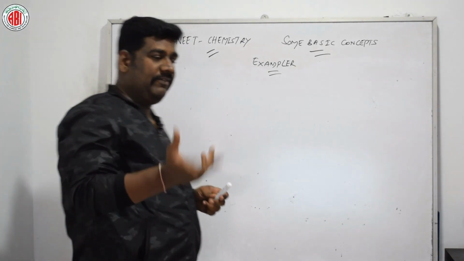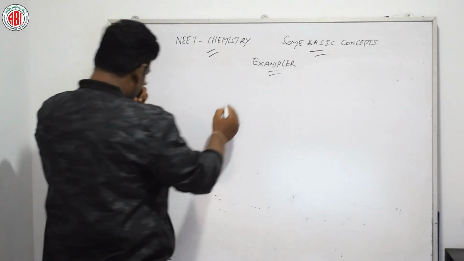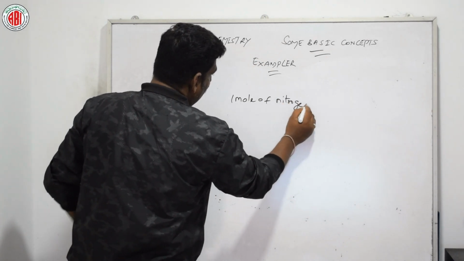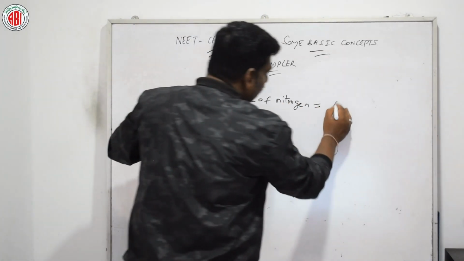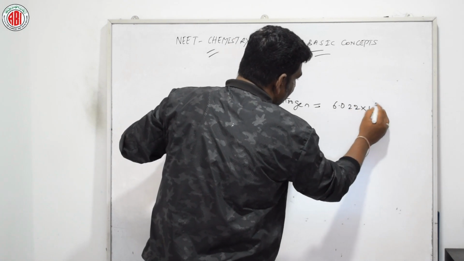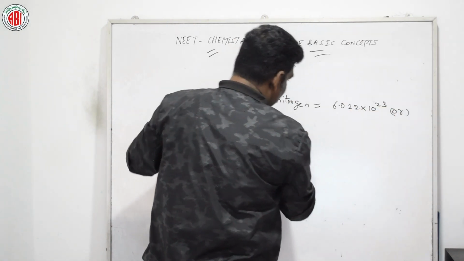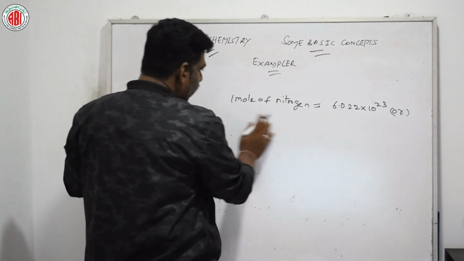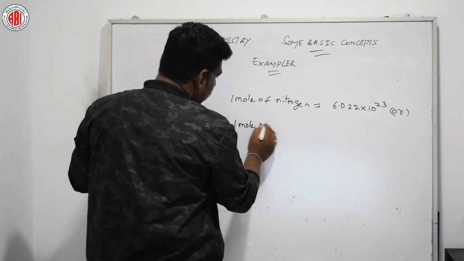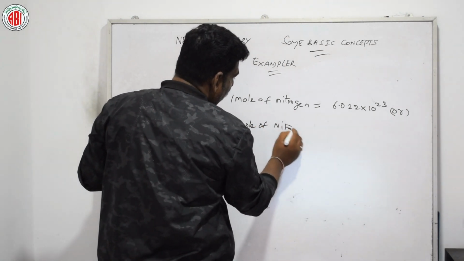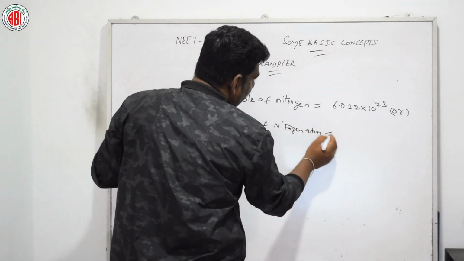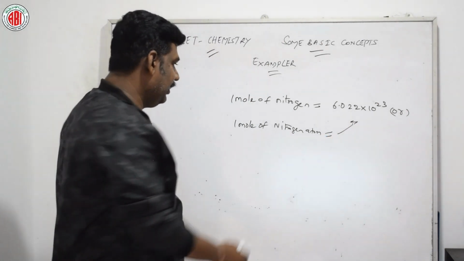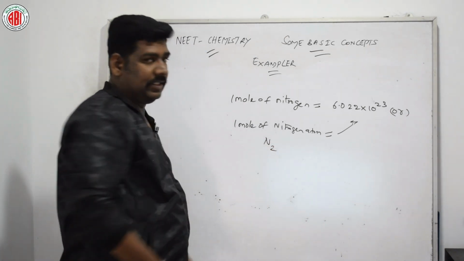So 1 mole of nitrogen is always equal to 6.022 into 10 to the power of 23 molecules, or we can write it as 1 mole of nitrogen atoms is also similar. 1 mole of nitrogen is nothing but N2. So 2 atoms are there.